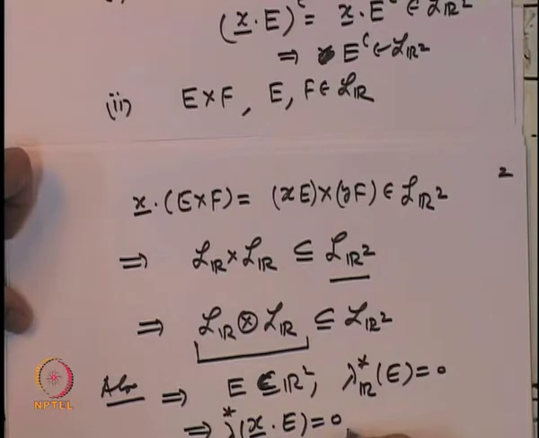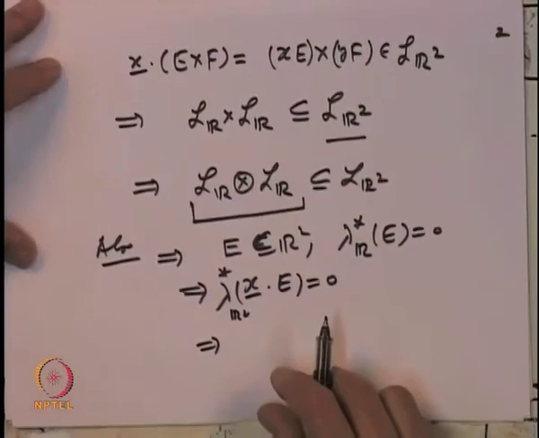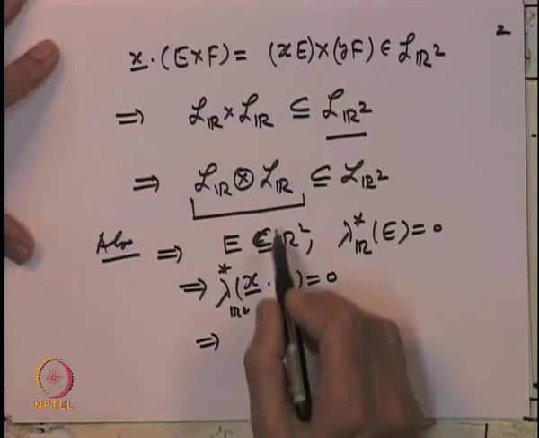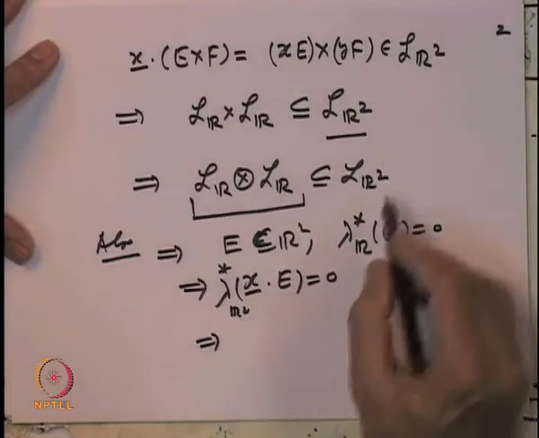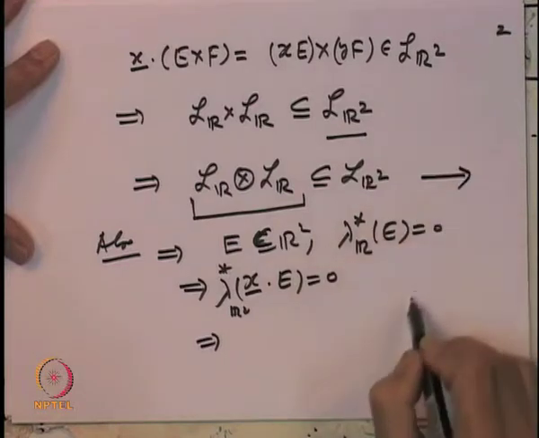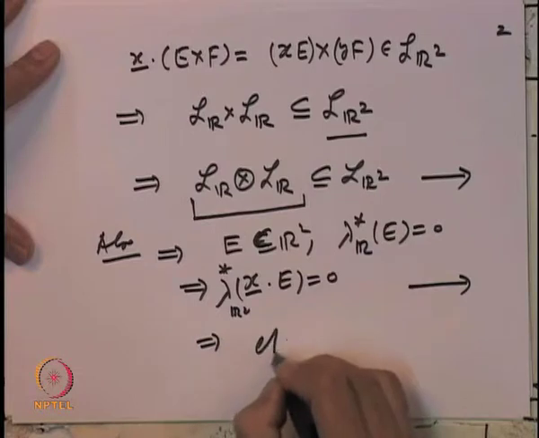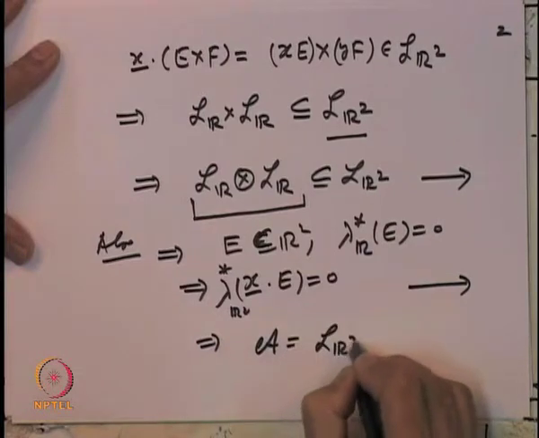So, that will imply that such sets, the sets for which the Lebesgue outer measure is 0, are also in that class. So, this fact and this fact together imply that A is equal to L of R 2.